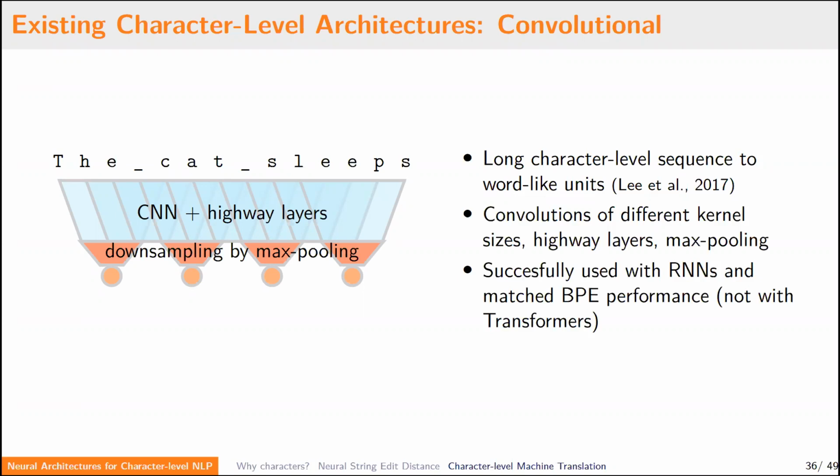So this part of the architecture gives us one vector per character in context of some character span. And this downsampling max pooling part just takes the window of 5 vectors, the 5 characters, and that's the maximum over time. So we end up with a sequence which is 5 times shorter than the input sequence, which should emulate the subwords.